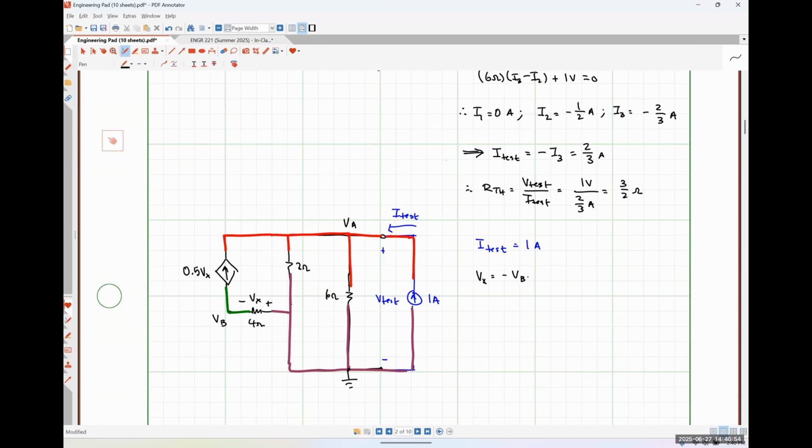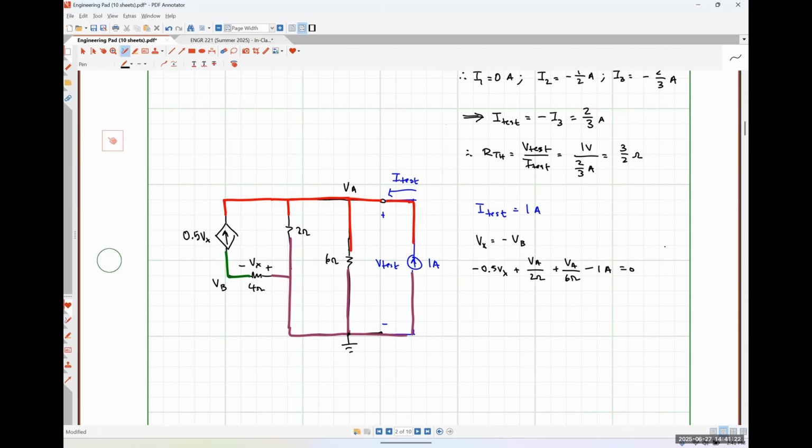Then I'm going to have KCL at node A. So that's going to look like negative 0.5 Vx plus VA over 2 ohms plus VA over 6 ohms minus 1 amp is equal to 0.